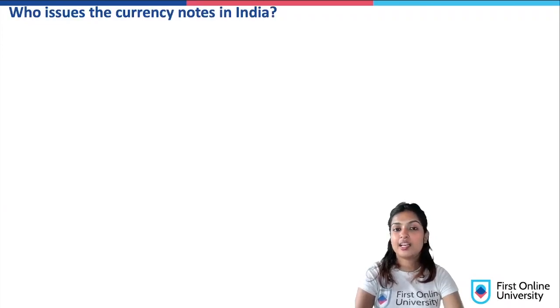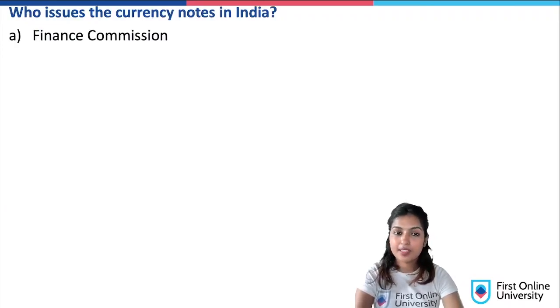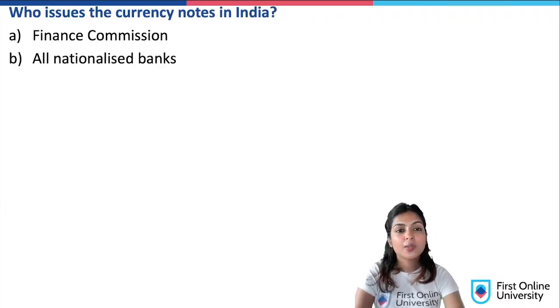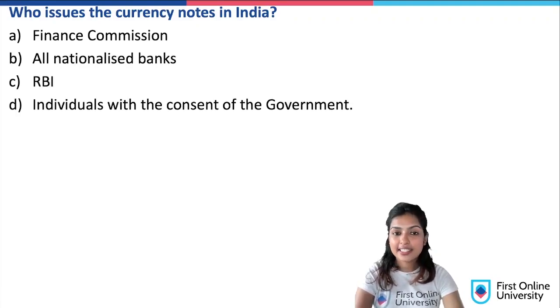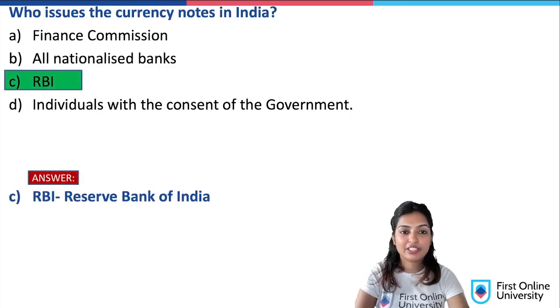Who issues the currency notes in India? A. Finance Commission. B. All nationalized banks. C. RBI. D. Individuals with the consent of the government. The answer is RBI, Reserve Bank of India.